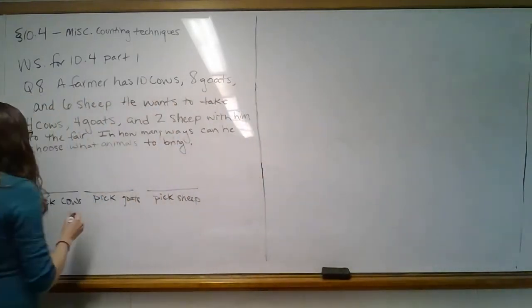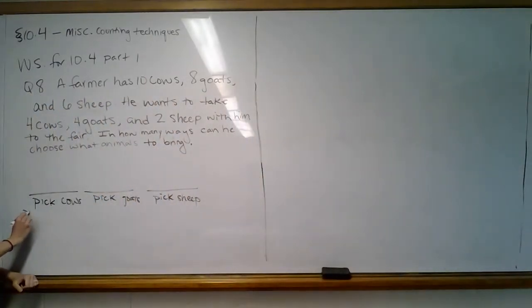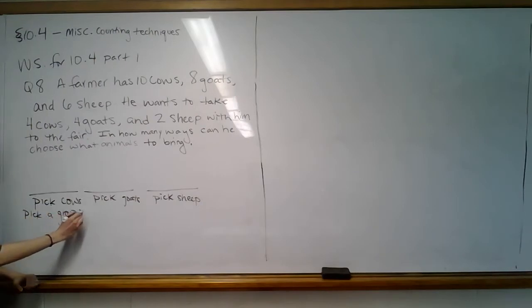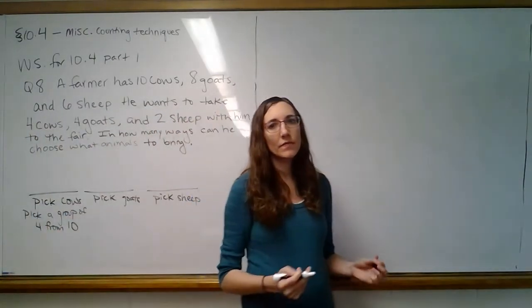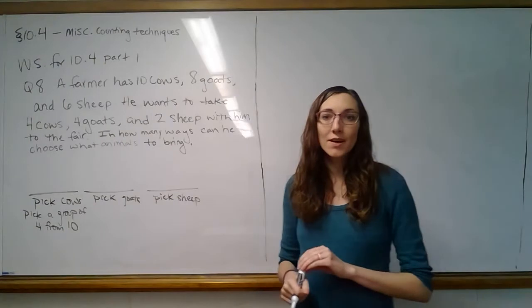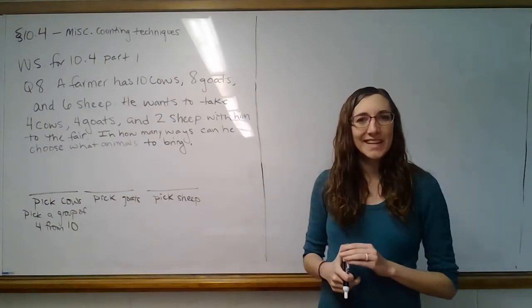So really, by pick cows, what I mean is pick a group of 4 from, let's see, he has 10 total. Now, how do we pick groups? Well, we use combinations.